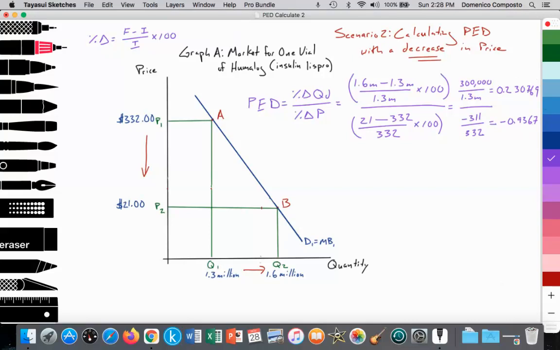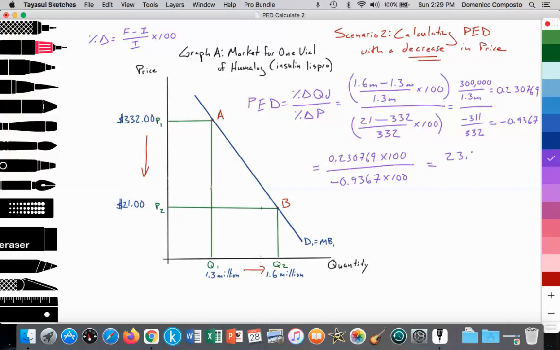And so we're going to multiply this by 100. So this is equal to 0.230769 times 100 for the quantity value. That's going to be divided by the negative 0.9367 times 100.